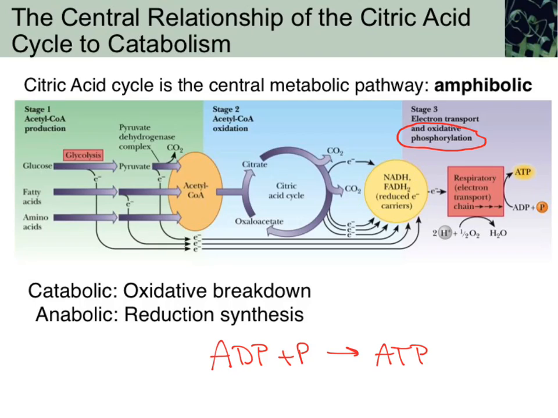So if you remember that slide four weeks ago where it just looked like a bunch of lines scattered across the image, and I said when we zoom in we can see individual pieces of it, the entire metabolic picture. If you look really carefully at that image, the dead center of it is the citric acid cycle. Right? And that's because pretty much everything within the citric acid cycle can go out to a different metabolic pathway. Okay? So it really does control a lot of different things.